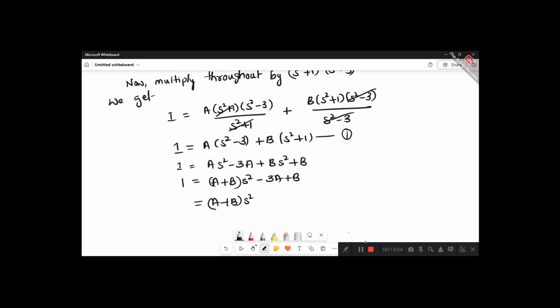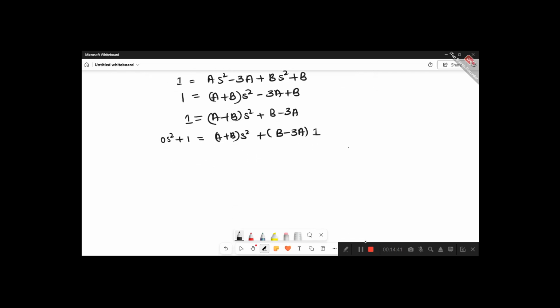What we can do is compare the coefficients on LHS and RHS. The LHS I can write as 0 s square plus 1 is equal to a plus b s square plus b minus 3a into 1. If we compare LHS and RHS coefficients, a plus b will be equal to 0. And one more equation we will get: b minus 3a is equal to 1.